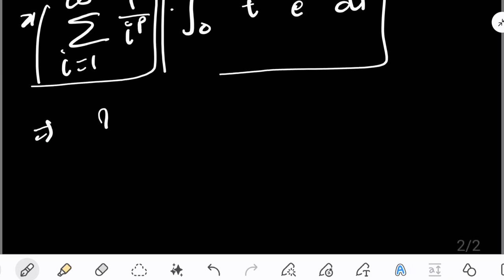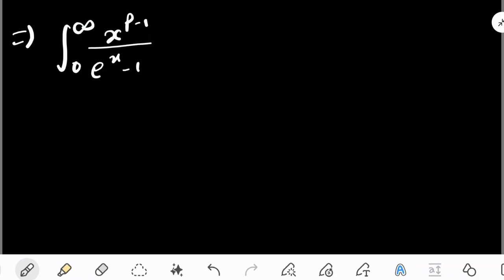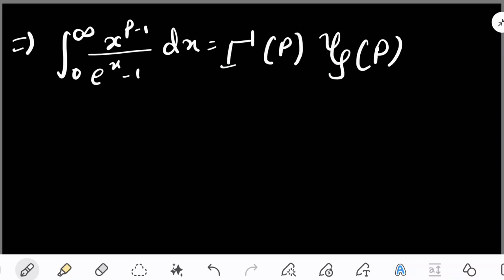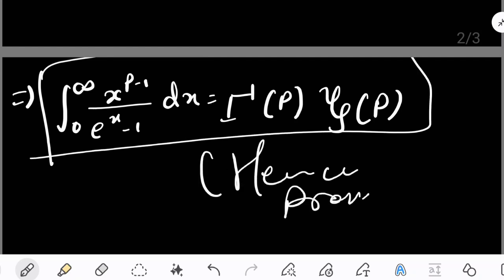So you get zeta of p into gamma of p, which implies that the integral 0 to infinity of x to the power p minus 1 upon e raised to the power x minus 1 dx is simply equal to gamma at p into zeta at p, right? Hence proved, or QED, whatever you want to write.